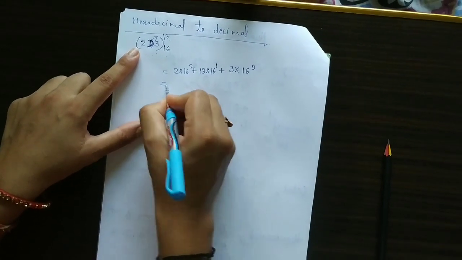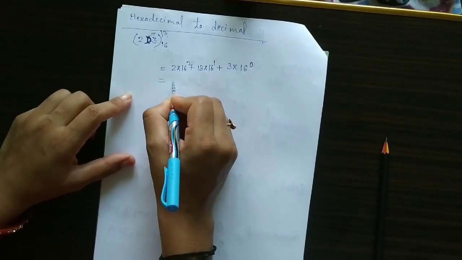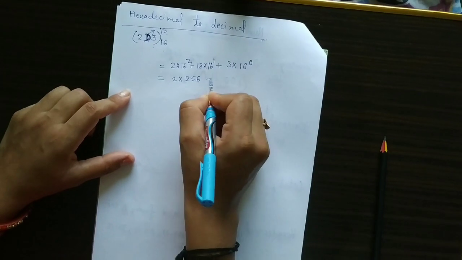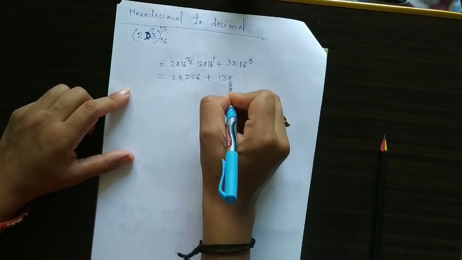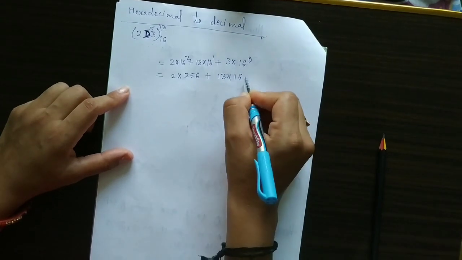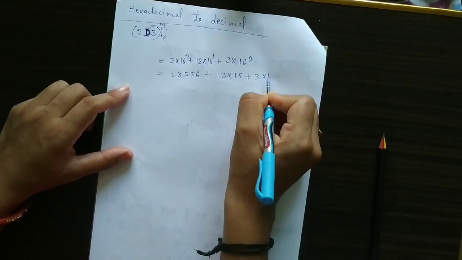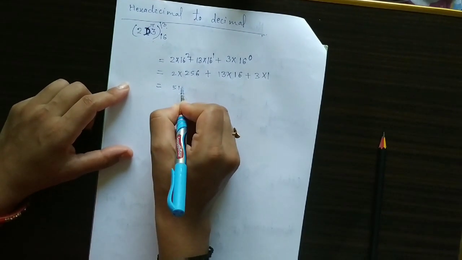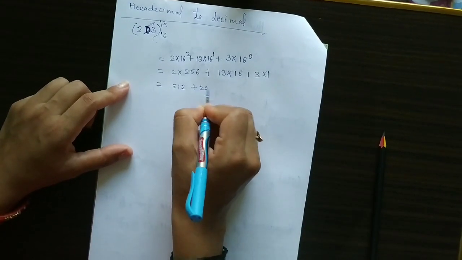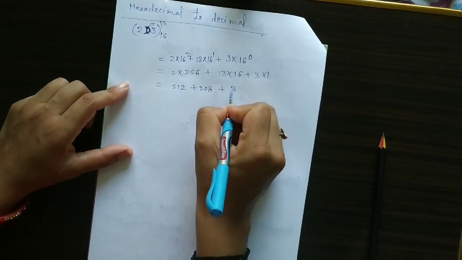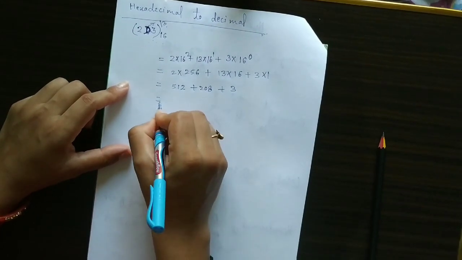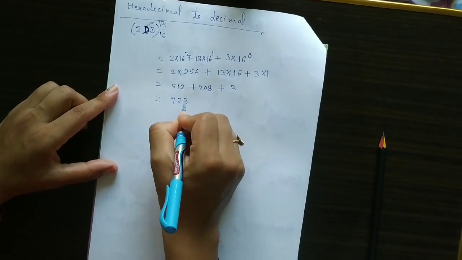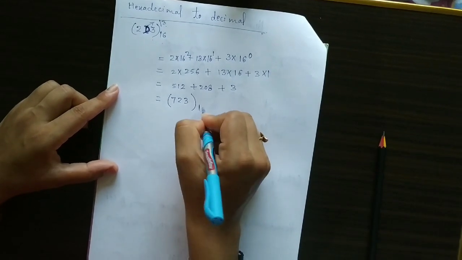Now I am going to calculate it. 2 into 256 plus 13 into 16 plus 3 into 1 is equal to 512 plus 208 plus 3 is equal to 723 base 10.